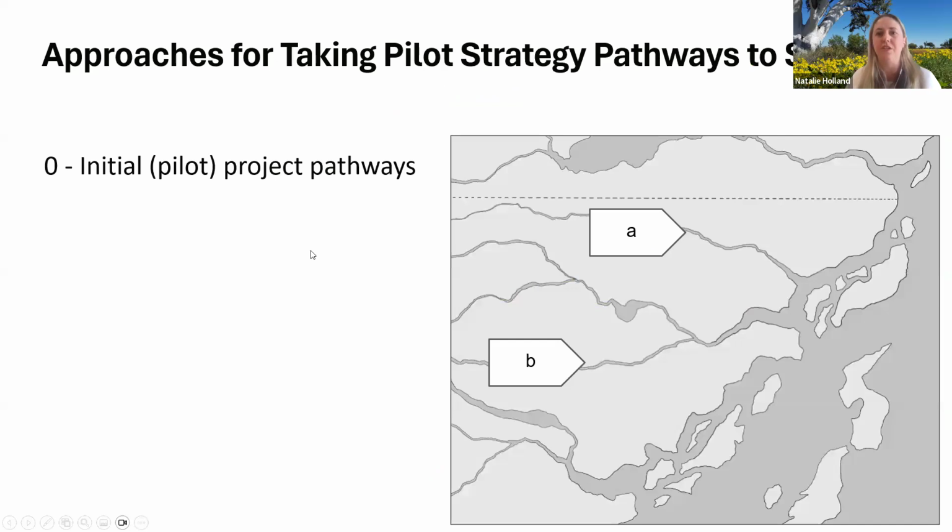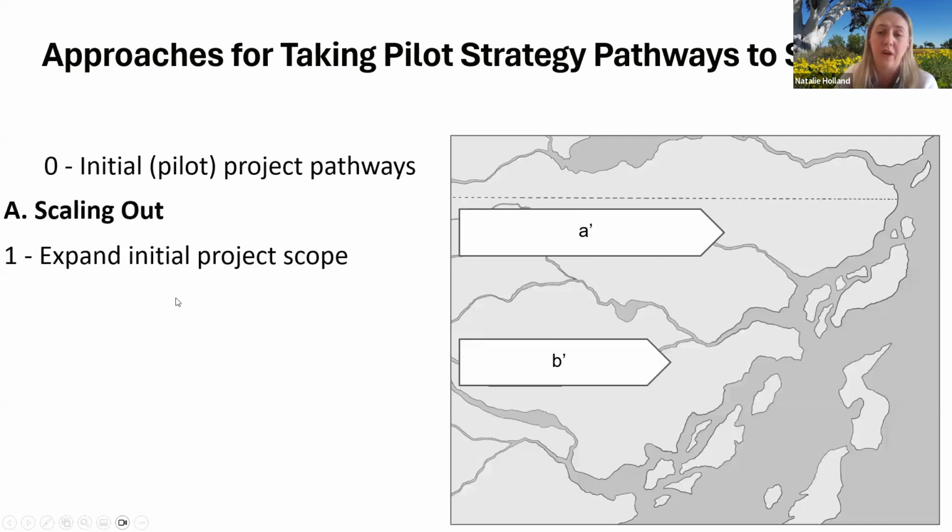The next thing I wanted to mention is that there's also recognition, obviously, within the conservation standards community and the Conservation Measures Partnership of the need to understand the pathways to scale our conservation work. Some of you may have seen or been involved in the project Taking Conservation to Scale, which identified a number of pathways to scale, which are in this slide.